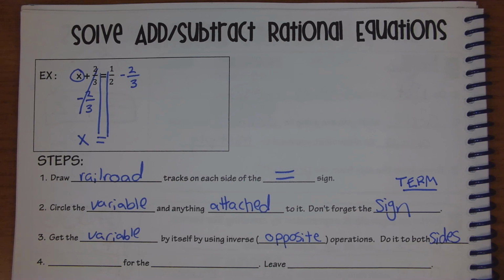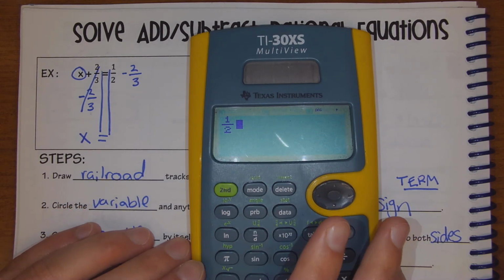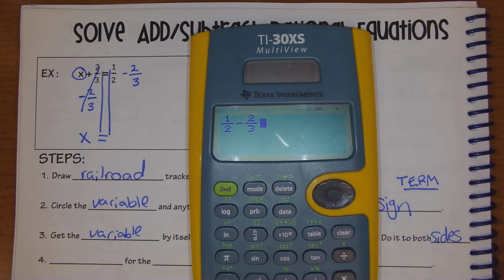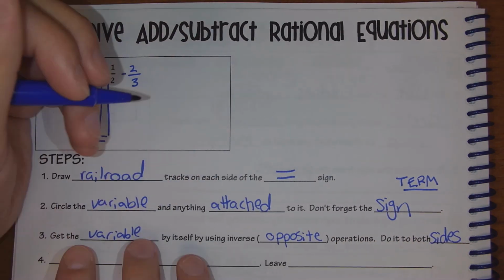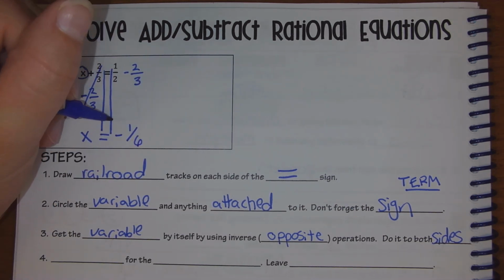Then you have 1/2 minus 2/3, and that equals negative 1/6. So your answer is going to be negative 1/6.